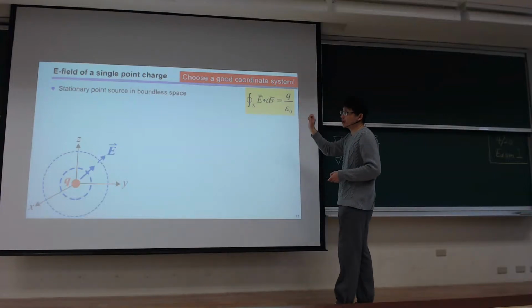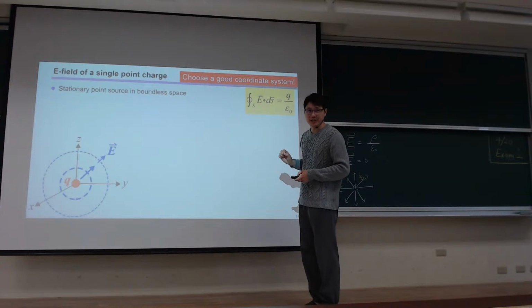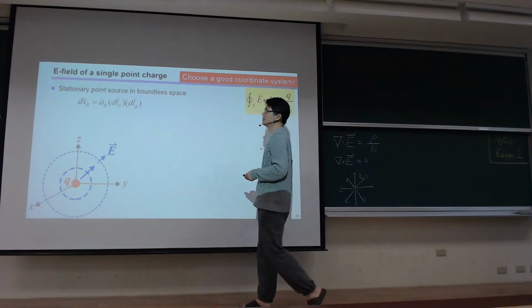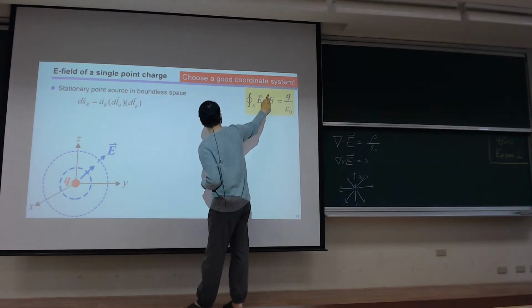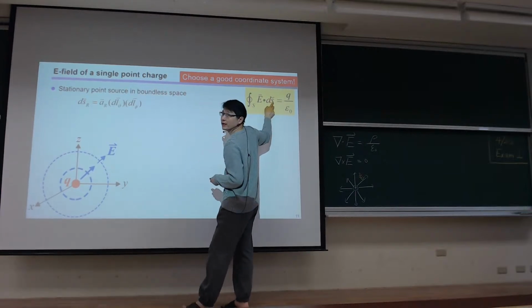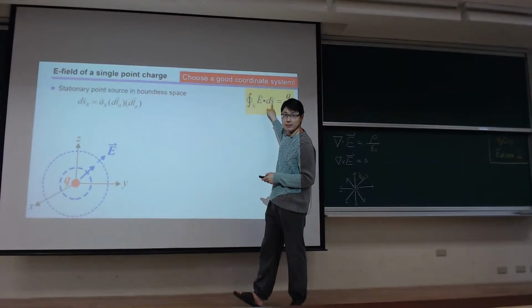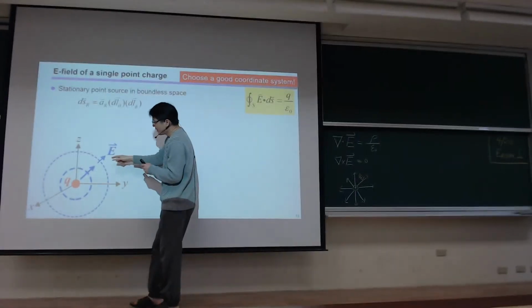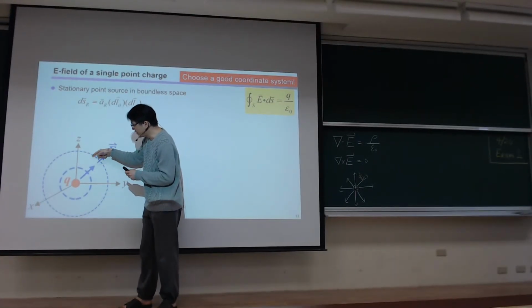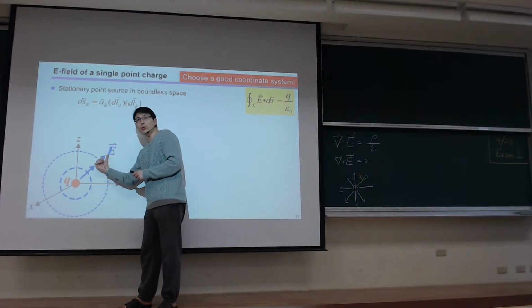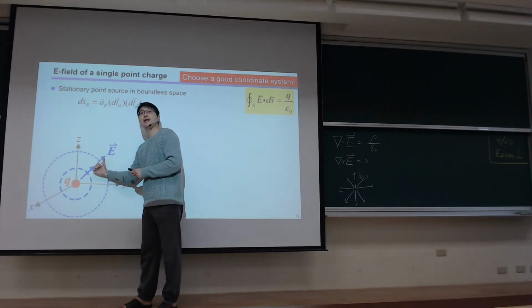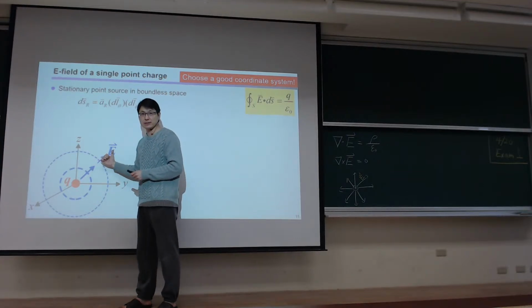All right, so we are going to work in the spherical coordinate system. The first thing, to use this equation, you need to be able to formulate the differential surface. If I have an observer here, the differential surface is pointing in which direction? In the radial direction.